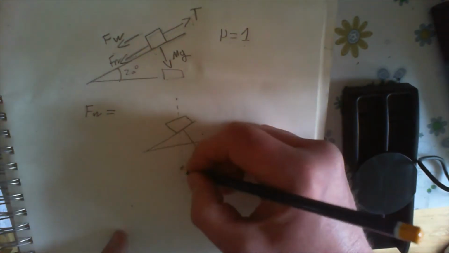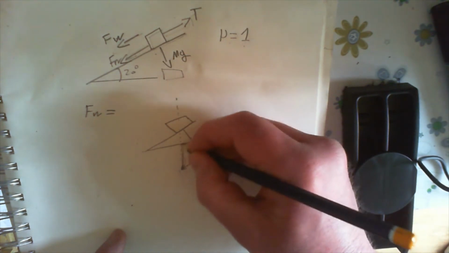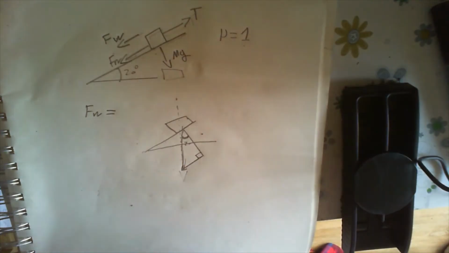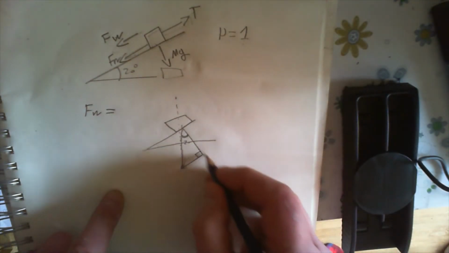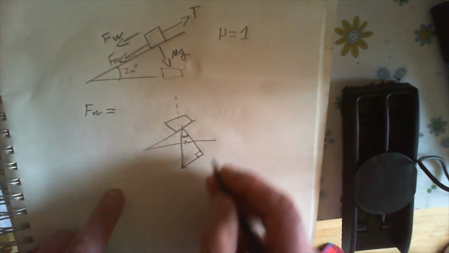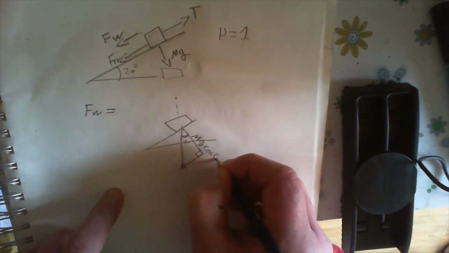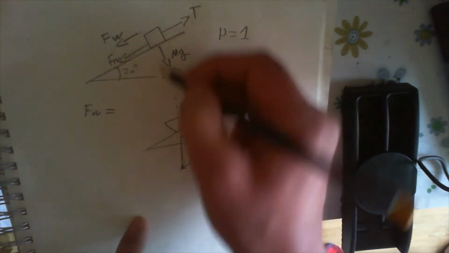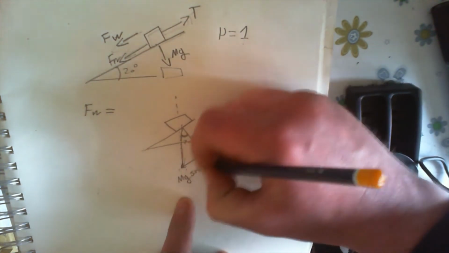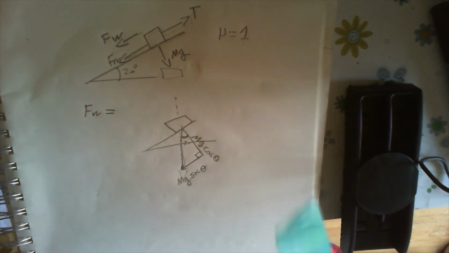Now, if this is a right angled triangle, 20 degrees, this would be the adjacent to that angle. So this part is going to be mg cos theta, and this part going down the slope is going to be mg sin theta. I hope you can see that.